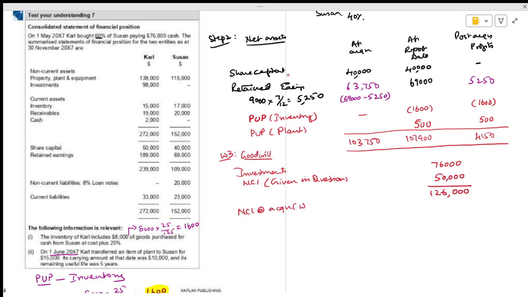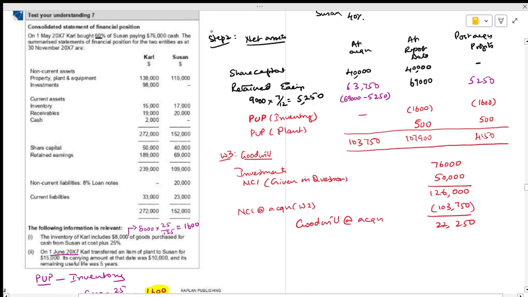Working 2. How much is there? 103,750. 126 minus 103,750. How much will we get? 22,250. This is goodwill at acquisition.